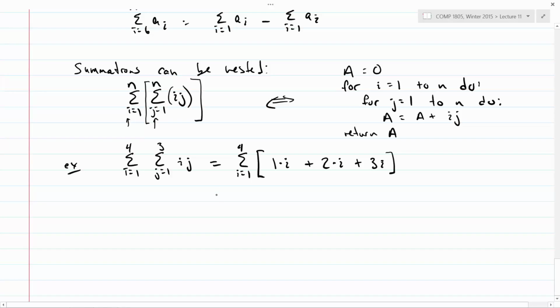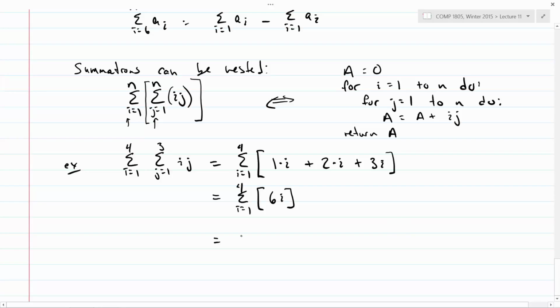All right. So now what we do is we clean this sum up a bit. This is the sum from i equals 1 to 4 of, well, we have 1i plus 2i plus 3i, so that's just 6i. So now we do the same thing. What's the first term of this sum going to be? So i equals 1, and we multiply by 6.